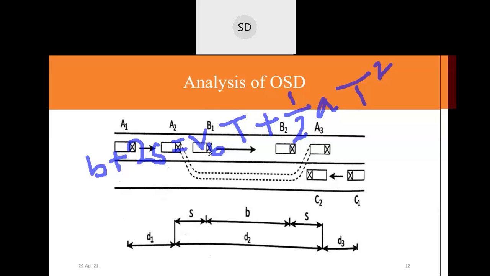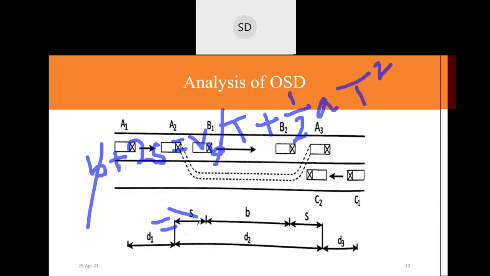If the speed of the vehicle is vb, then within the total overtaking operation, that vehicle is moving from position v1 to v2. So instead of vb into t, you can write b. Those two portions are equal, so you can cancel them.